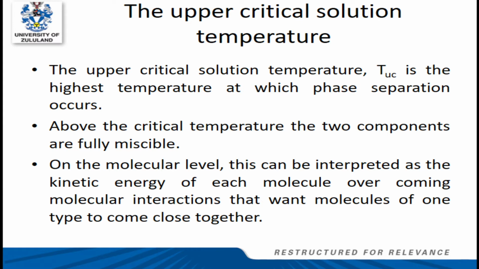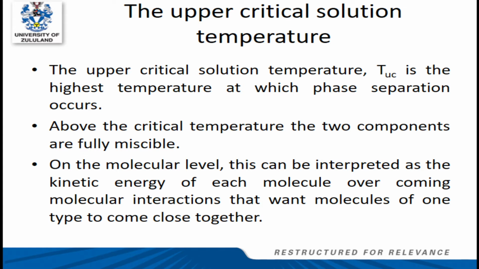Moving forward, remember that I've just shown what the upper critical solution temperature is. This slide continues to explain what I said in the previous slide. It is the highest temperature at which phase separation occurs. The other important point that I also mentioned is that above the critical temperature, the two components are fully miscible.